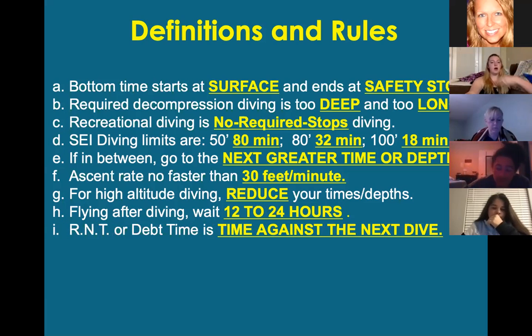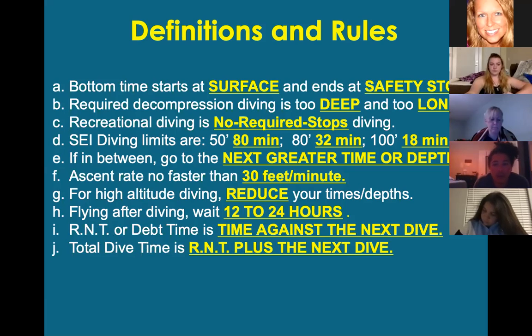And then RNT, which is your residual nitrogen time, is time against the next dive. And then your total dive time is residual nitrogen time plus the next dive.